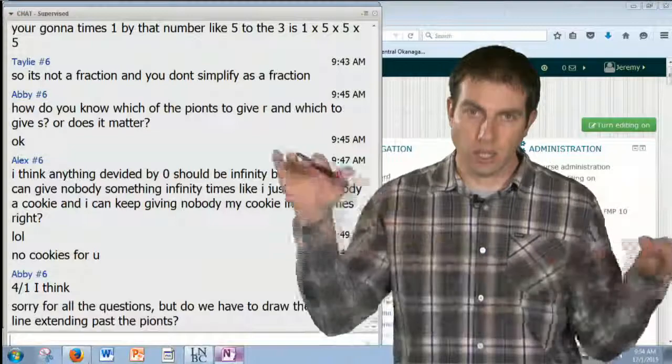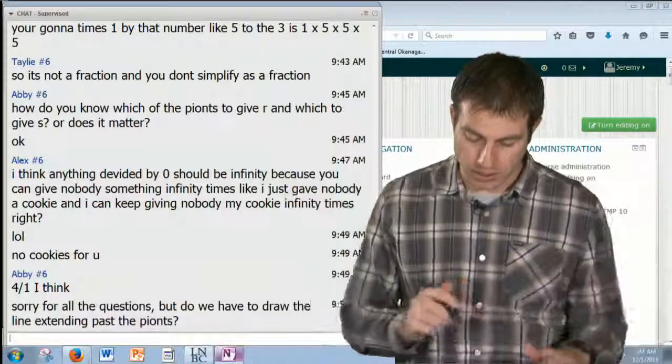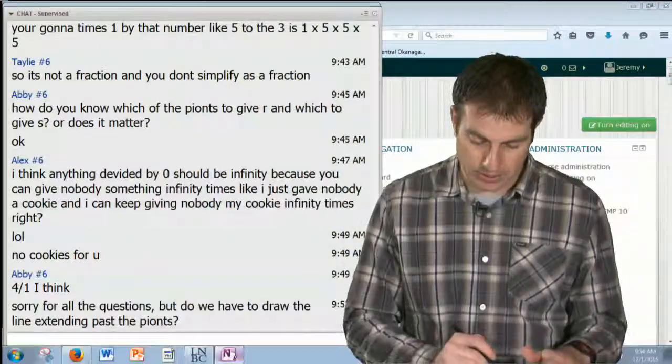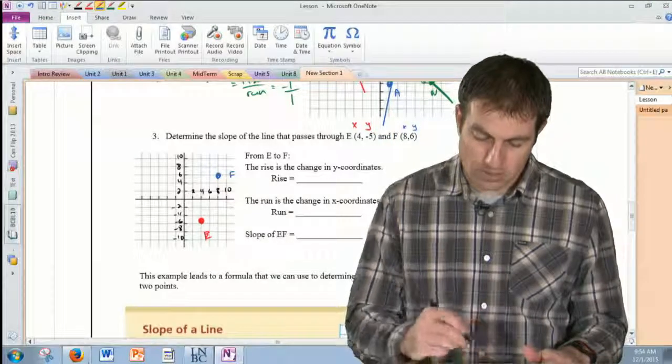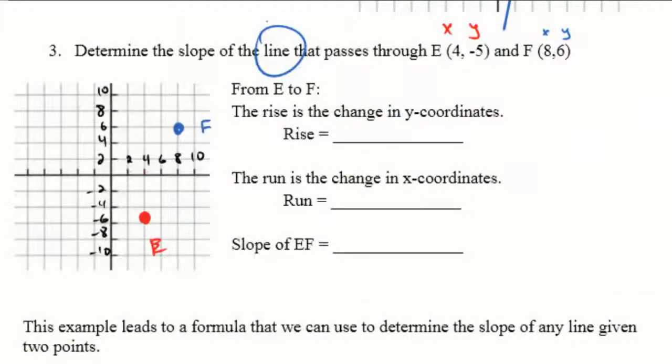So draw the line going from one side to the other all the way, unless it says otherwise. In this case, it just says determine the slope of a line. It doesn't say line segment. So a line is going to continue on in both directions forever to infinity and beyond.